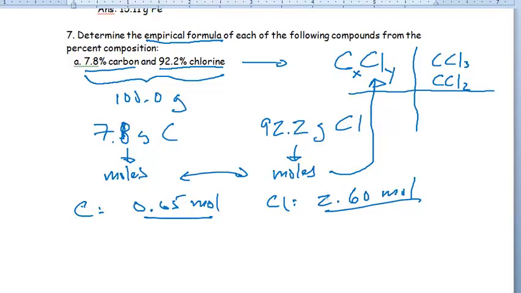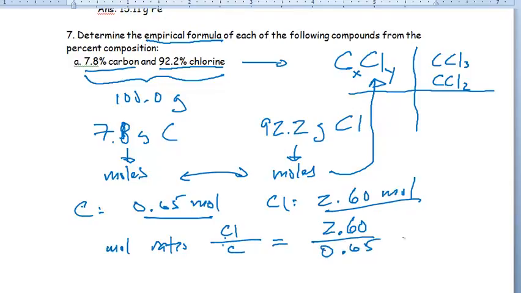Now, clearly you have more moles of chlorine than you have of carbon, and so then the mole ratio of chlorine over carbon is 2.60 divided by 0.65, and when I did this on my calculator, I got something like 3.9956 and so on, which is about as close to 4 as you can get.